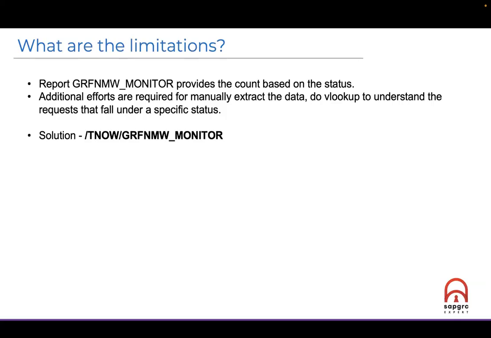If you wish to have detailed information about which requests are finished or cancelled or aborted, again, you have to depend on multiple tables, extract the data, and do a lot of VLOOKUPs to get a consolidated report.